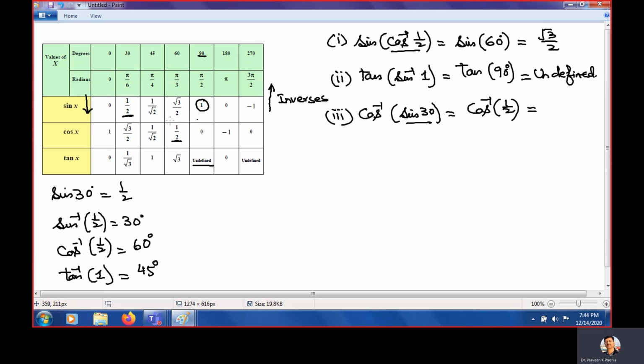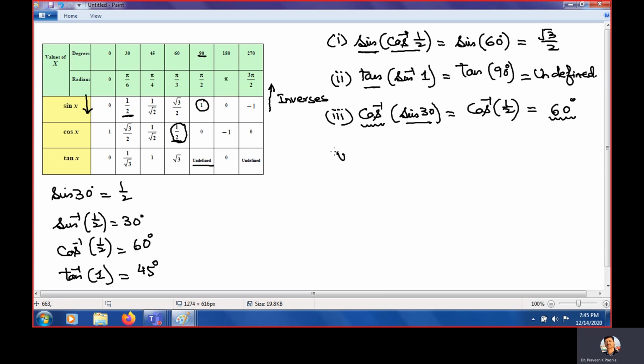So check in cos, where is the value 1 upon 2? This is 1 upon 2, 60 degree. So look here. If sine is there, tan is there, the value is coming as a number. It is undefined by chance. Otherwise a number. But when we take the inverse, the value is coming as an angle.